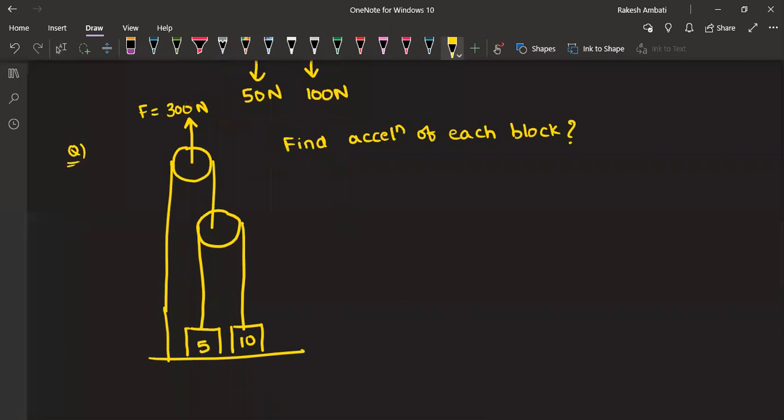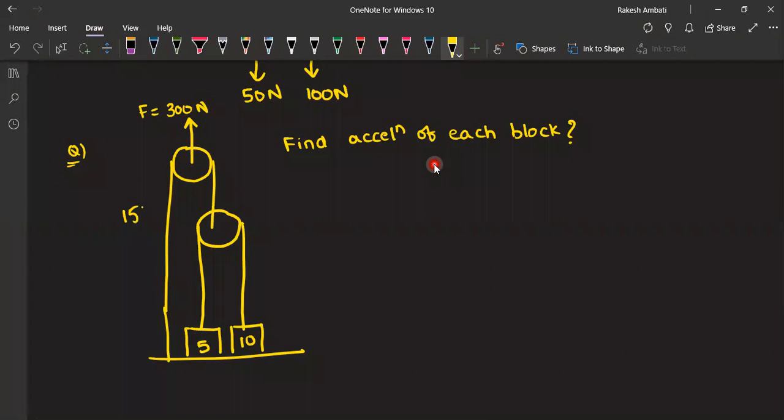Okay, the same procedure as the previous one we have to follow. It is 300 newtons. Here it is an ideal pulley, so a massless pulley, so the forces will be balanced. The 300 newtons divides equally, 150 newtons in this string and 150 newtons in this string. Then this 150 newtons, on an ideal pulley, again divides equally: 75 newtons, 75 newtons.